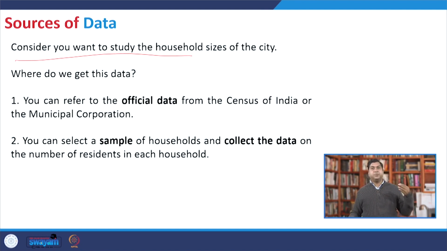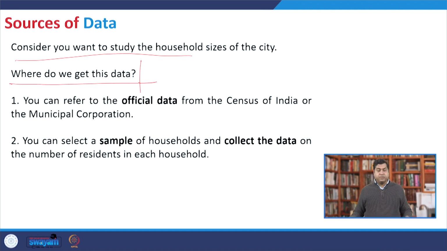There might be different purposes of your survey. If you want to prepare a development plan for a particular city or study area, you want to capture information on what facilities they are getting at the household level. For such cases you need this information.